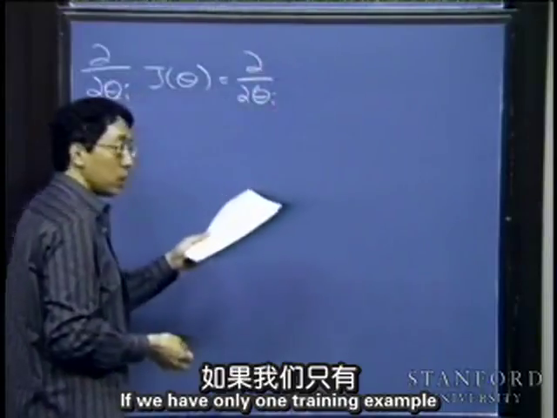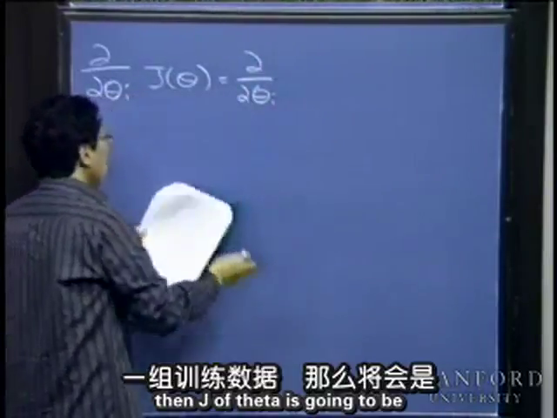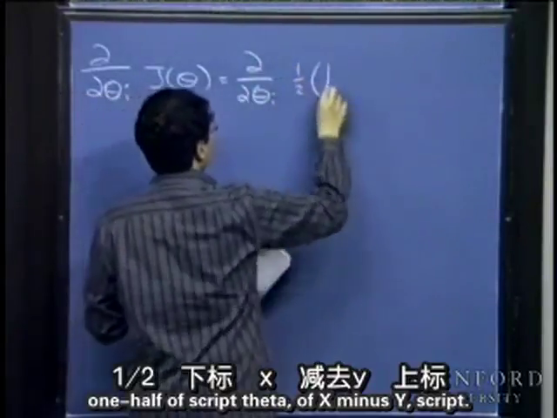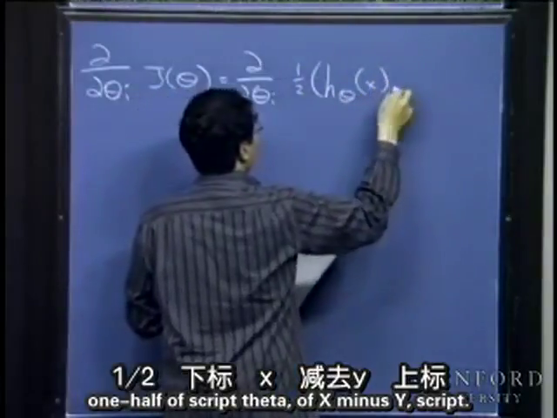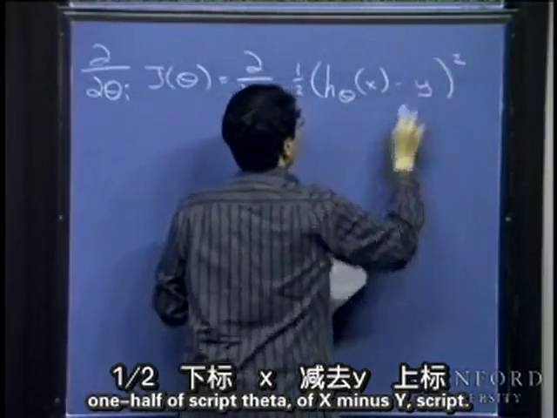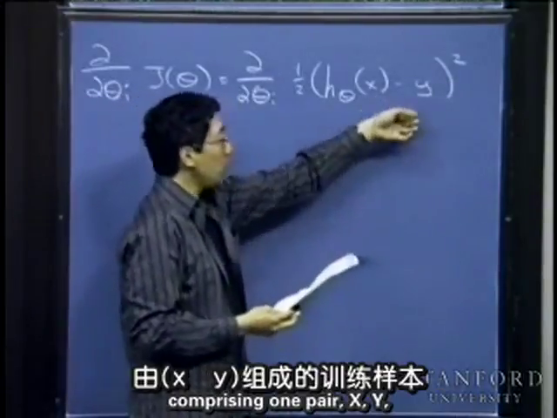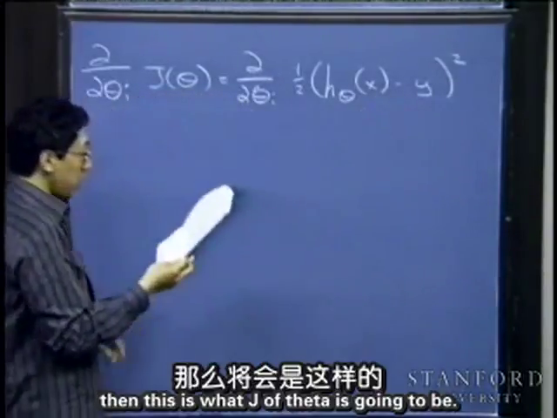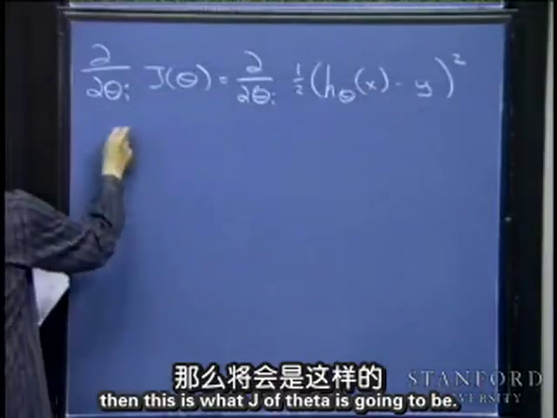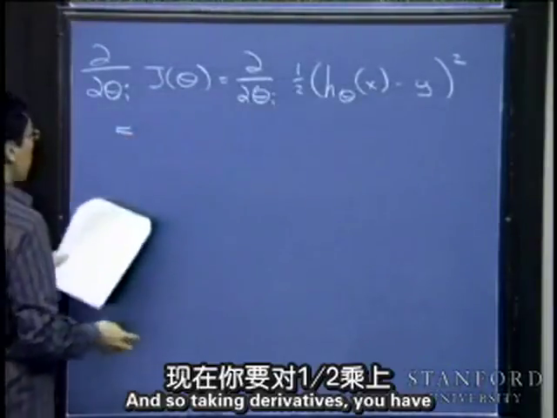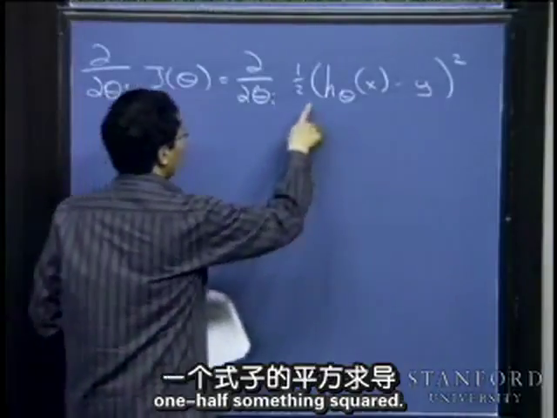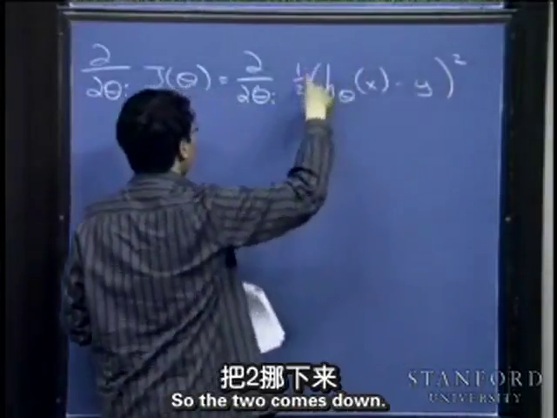If we have only one training example, then J(theta) is going to be 1/2 (h_theta(x) minus y) squared. So if you have only one training example comprising one pair x, y, then this is what J(theta) is going to be. And so taking derivatives, you have 1/2 something squared, so the 2 comes down.